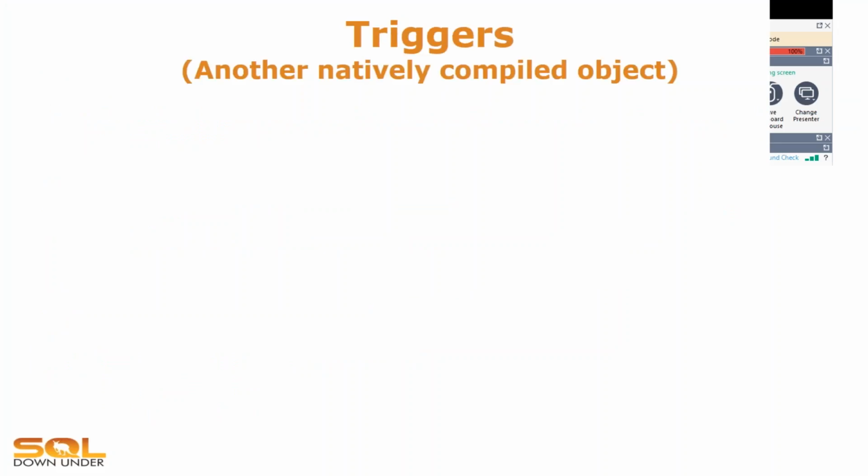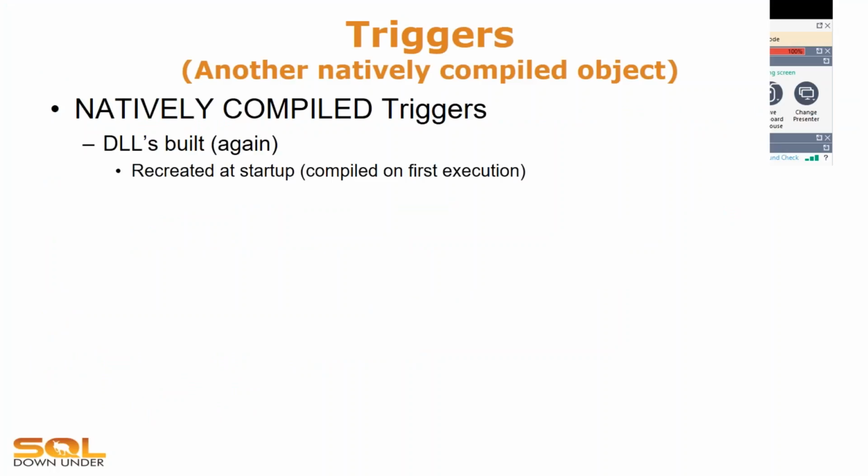Triggers are very interesting, I think, and I spoke earlier about times where you absolutely have to use natively compiled objects, and triggers are one of those places, because if you've got a natively compiled table, the only thing you can put on it in terms of triggers is a natively compiled trigger.